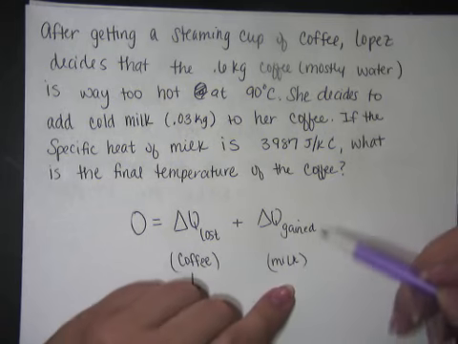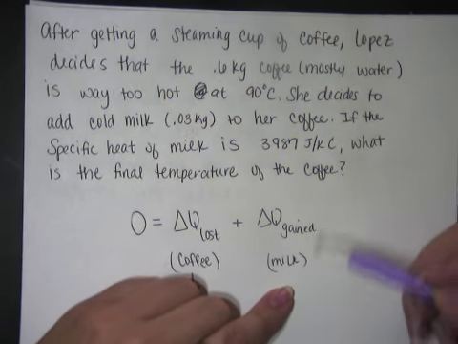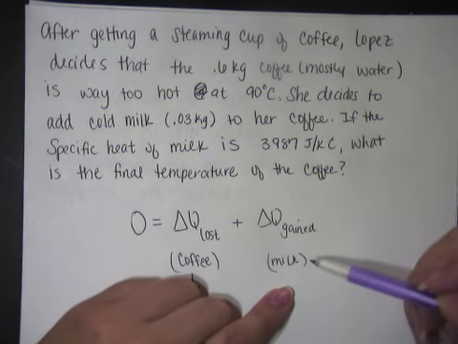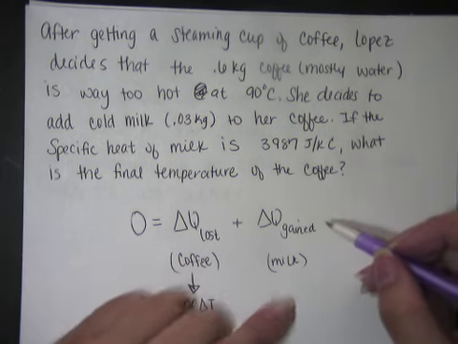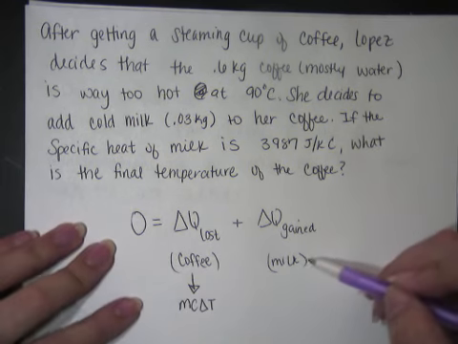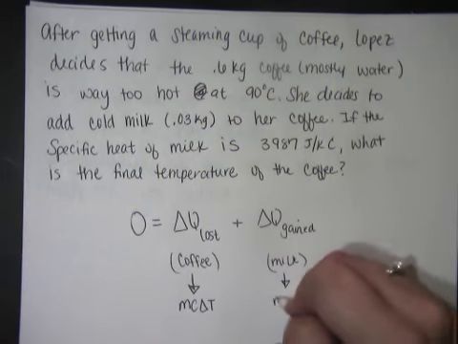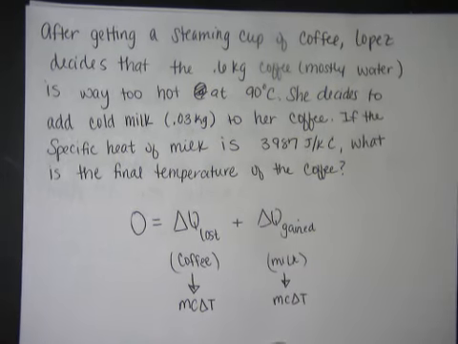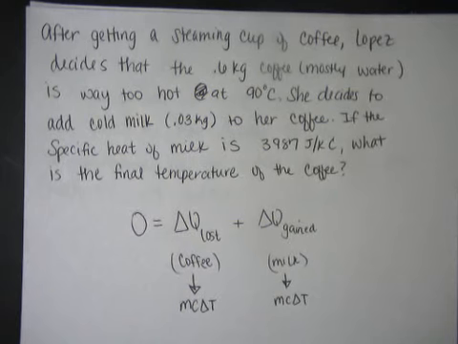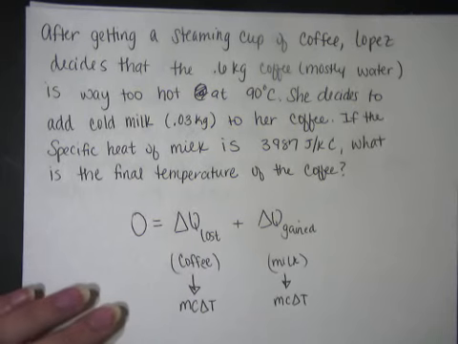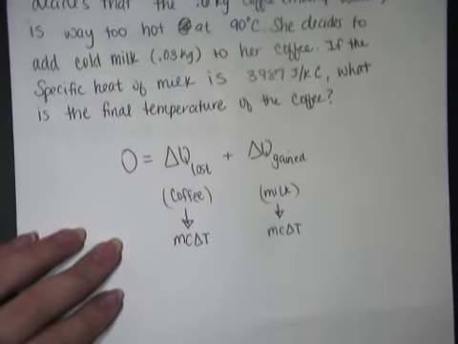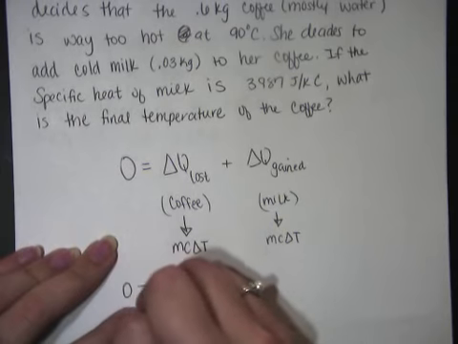Next, you look at your milk and ask yourself, is the milk going to undergo a phase change? Well, chances are it's not going to. It's not going to get hot enough to turn into steam. So this energy will be calculated also by using a temperature change. So what we want to do now is start plugging in our numbers where they belong.